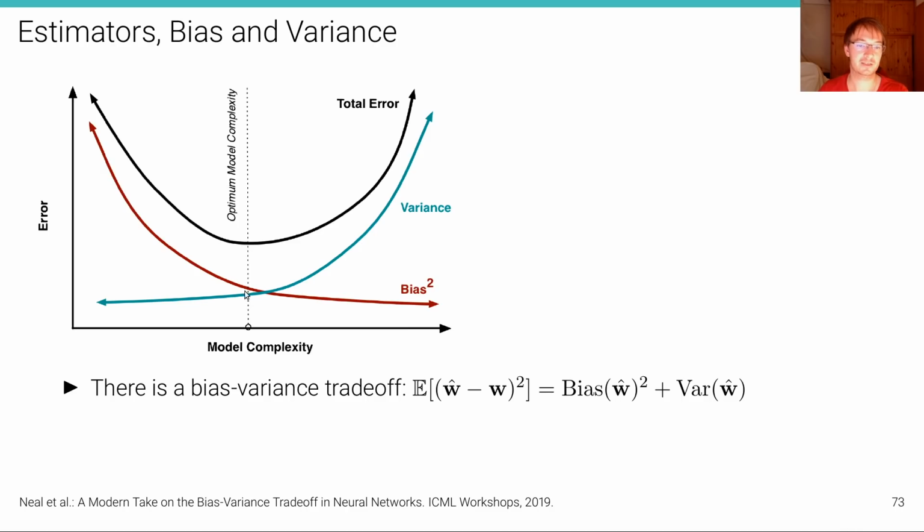And this is the case when we have this trade-off, this balance between variance and bias. If the model complexity is too low, then we have a large bias, but low variance. If the model complexity is high, we have large variance and low bias.